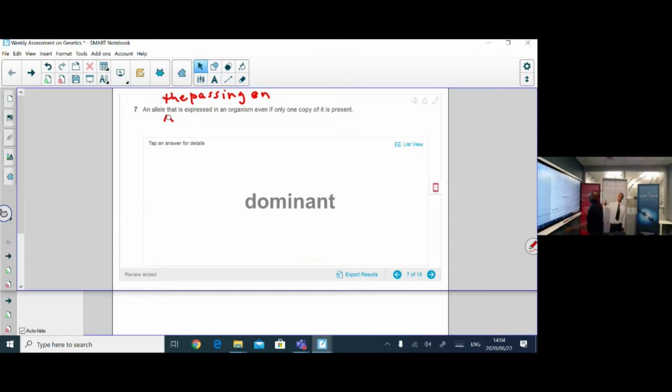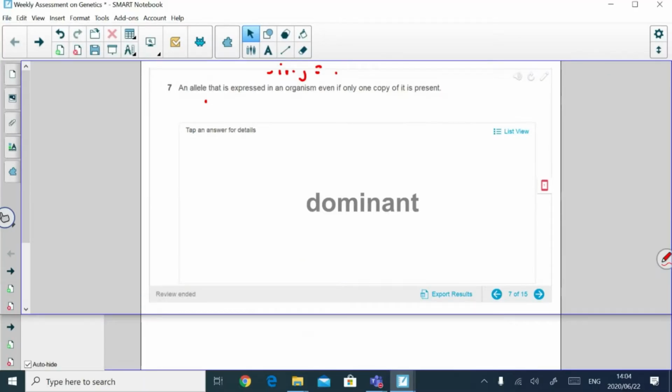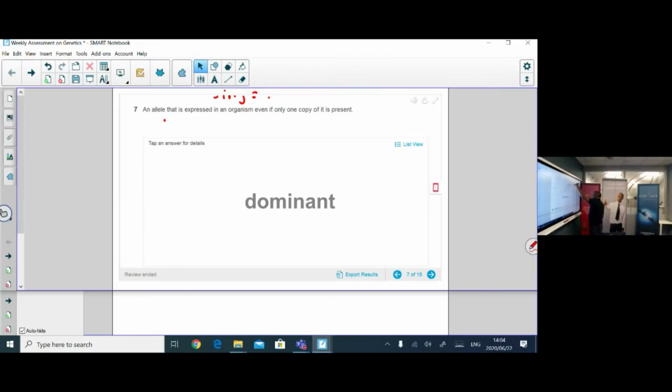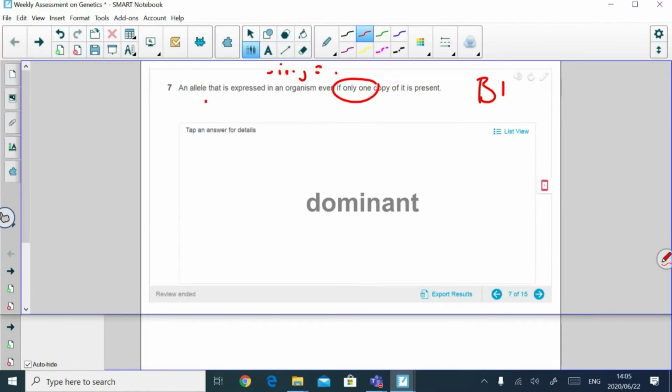An allele that is expressed in an organism even if only one copy is present, that allele is the dominant one. Remember, we're talking about a particular trait, B in this case.